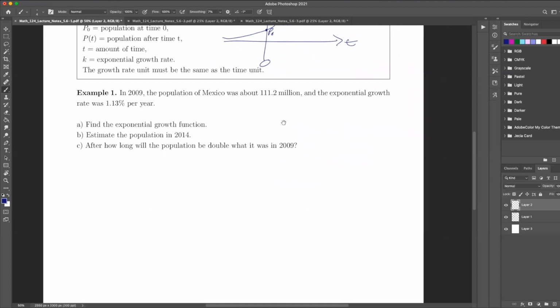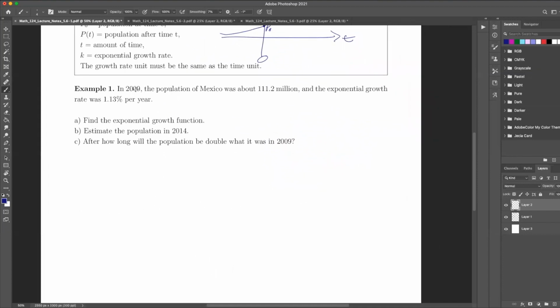All right, so let's look at this. In 2009, the population of Mexico was about 111.2 million. And the exponential growth rate was 1.13% per year. So here we want to find the function. We're just going to label everything.